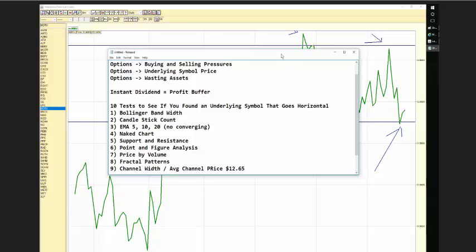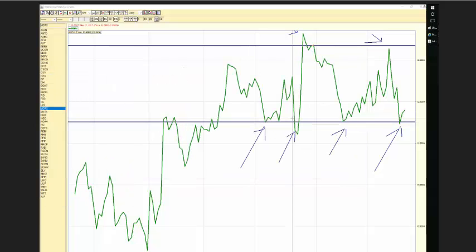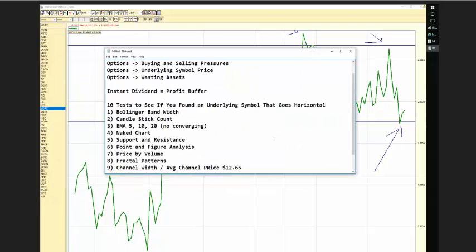I like round numbers because, as you know, support and resistance is subjective, but it's where people want to put their limit orders. So you rarely hear people calling their broker and saying, make sure you sell at $12.63 and a half. Hey, penny. No, they'll take round numbers. So round numbers have significance. It looks like support is at $11.75.